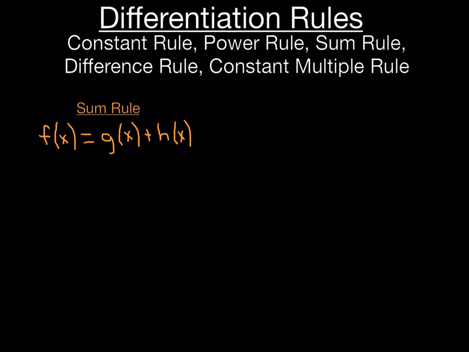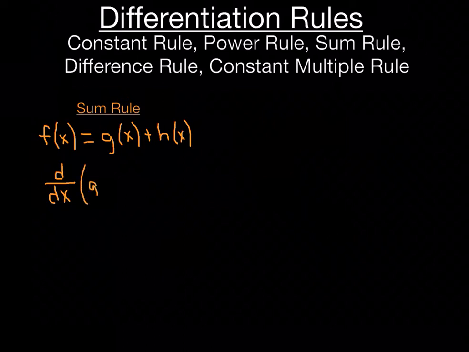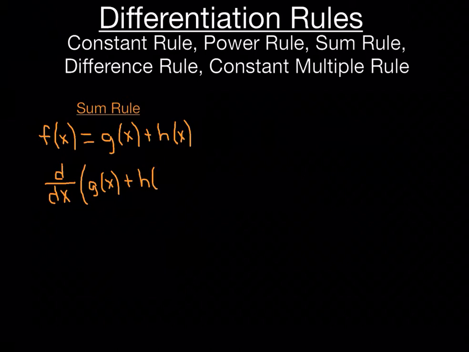The next rule that we want to take a look at is the sum rule. So we have f of x is equal to g of x plus h of x. And just to show you some different notation, instead of saying derivative of f of x or f prime of x, you can write it like this, d over dx of g of x plus h of x. What you simply do when you're using the sum rule is you just split them apart.